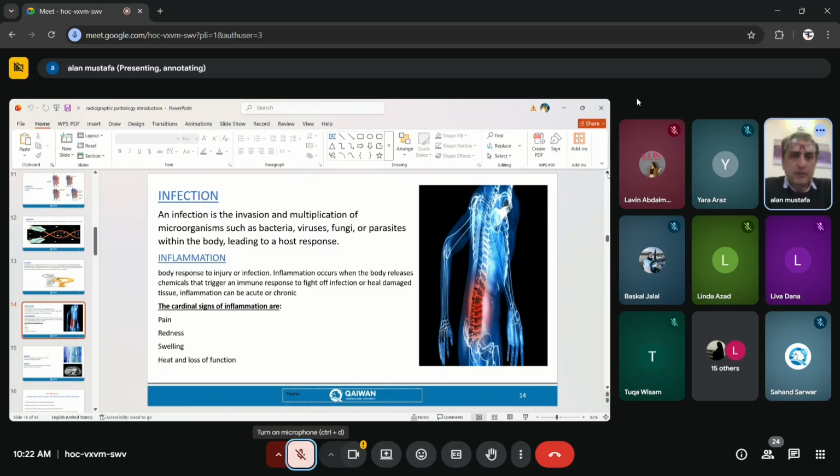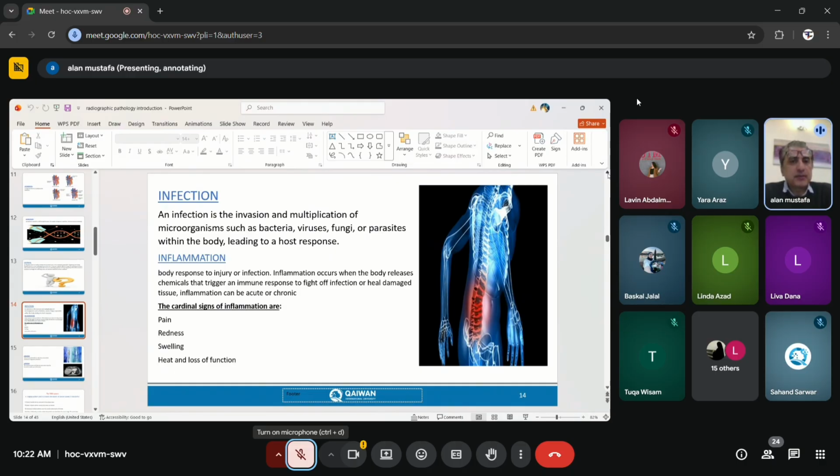For example, coronavirus is an infection. Typhoid fever is an infection. Flu virus is an infection. But what happens inside our body, the symptom we feel after these infections, is the inflammation. It is because of the inflammation.